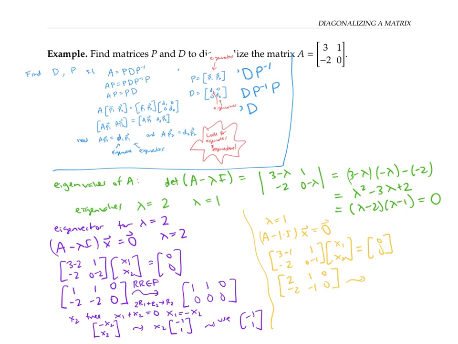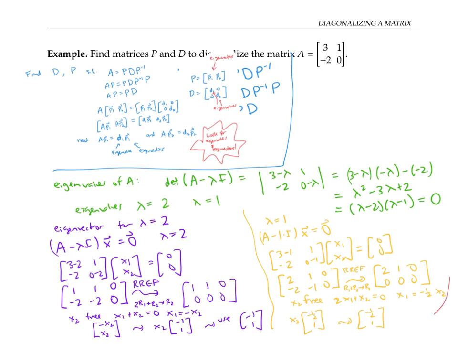This row reduces to this matrix. So I have x2 being a free variable, and 2x1 plus x2 equals 0 means x1 is negative 1/2 x2. So my eigenvectors are of the form x2 times negative 1/2, 1, and so I can just use the eigenvector negative 1/2, 1.